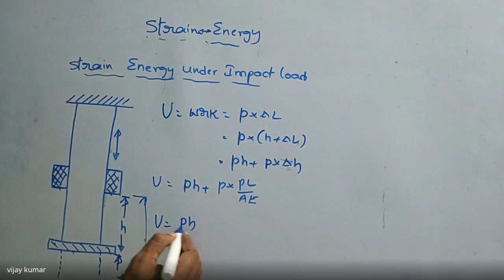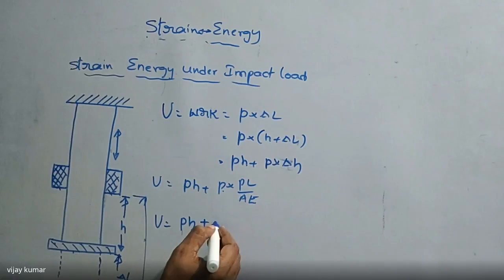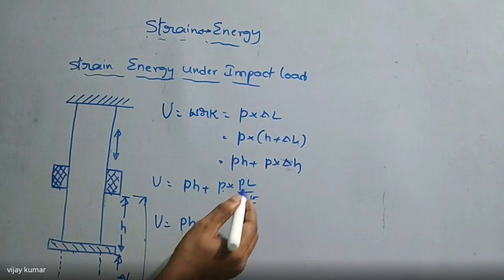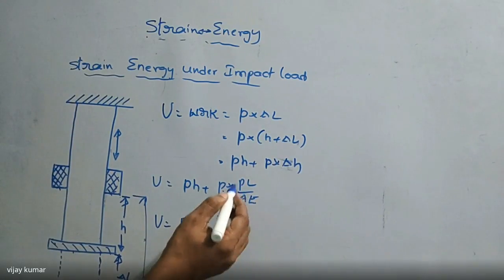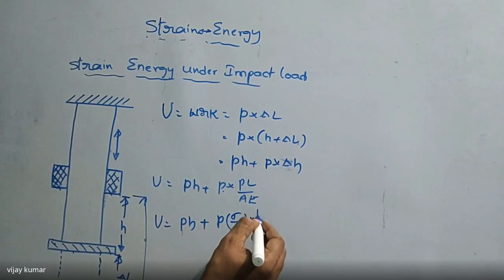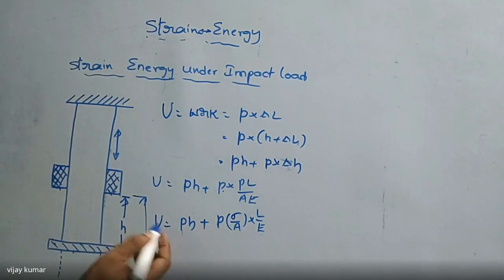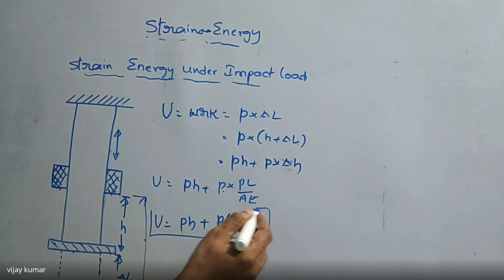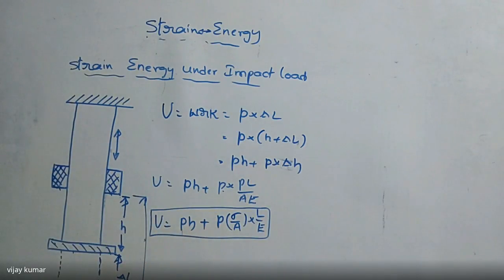Then U is equal to PH plus P into PL by AE, which we can write as sigma by A into L by E. So this is the formula we can use to calculate the strain energy in impact load. We can convert into stresses also.